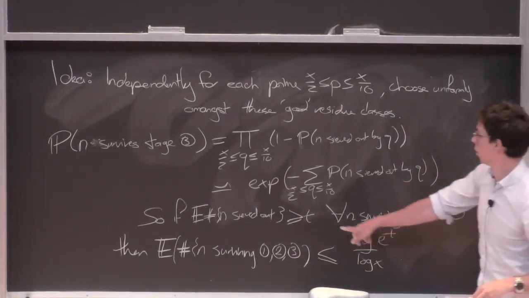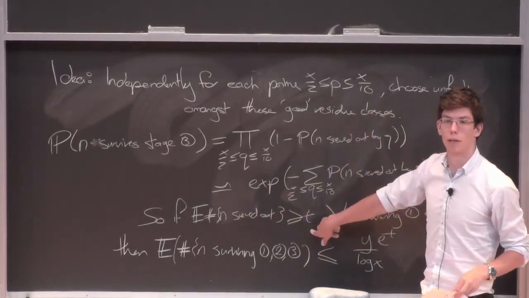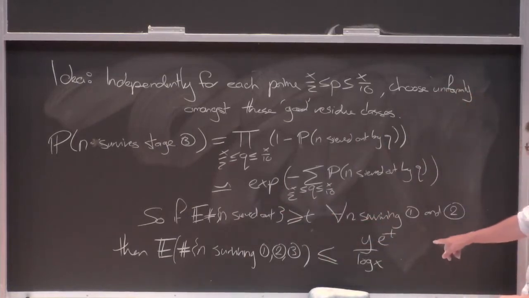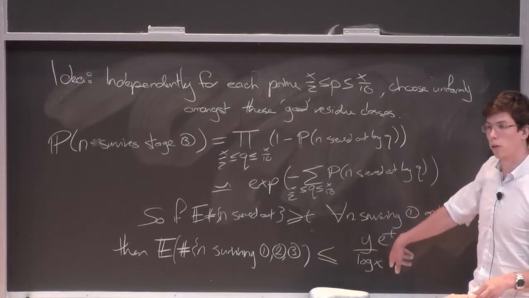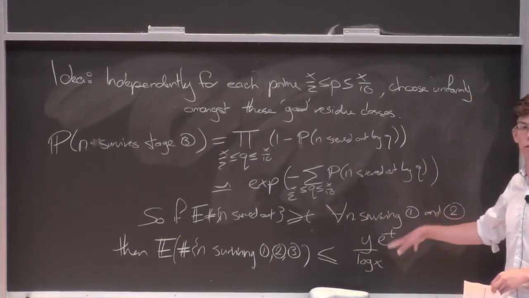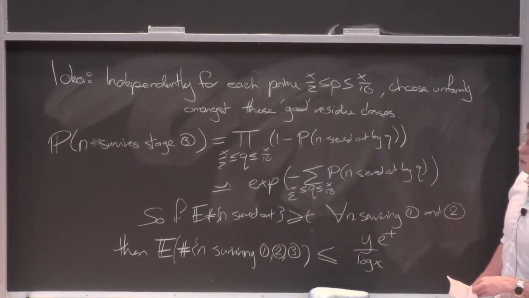So this is on the assumption that for all of these n's, the expected number of times it sieves out is bigger than some quantity t. And this means that we'd have at most this number of survivors for some deterministic choice. Since the expected number is this big, there must be some deterministic choice of the APs which gives something of that size.